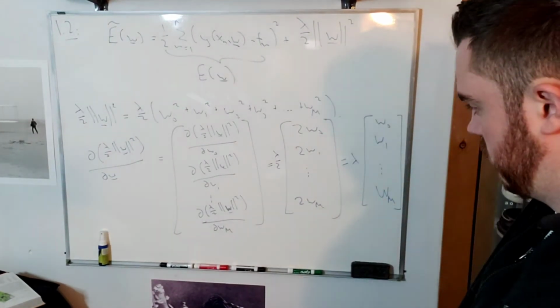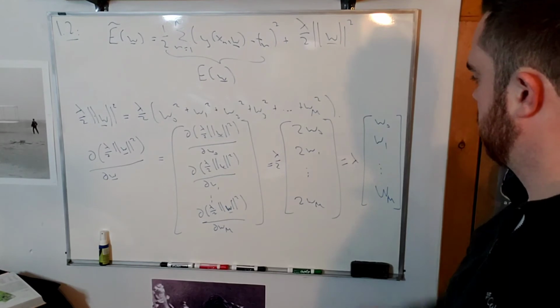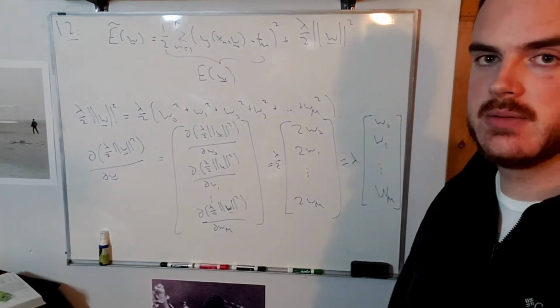Alright, so basically you just get lambda times a vector with all the W elements.